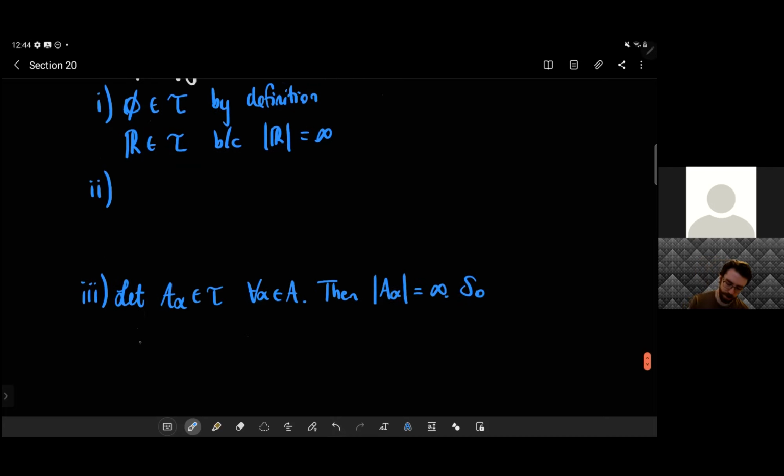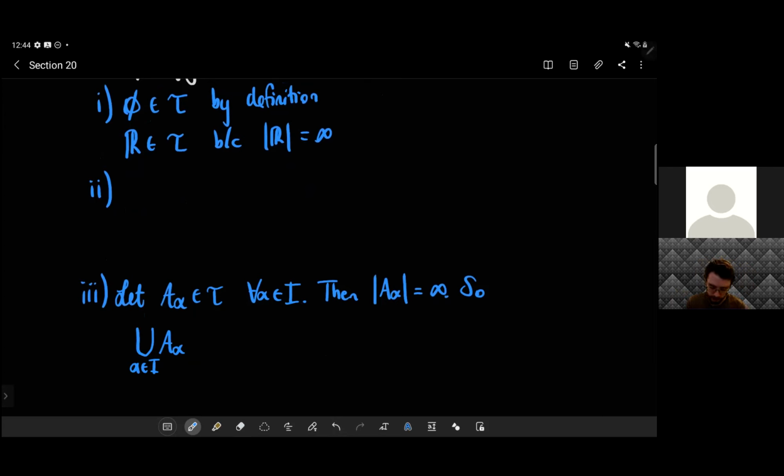So what about their union? Maybe I shouldn't use A here. Maybe I should use I for index. So the union over however many sets are in this index set of A alpha.